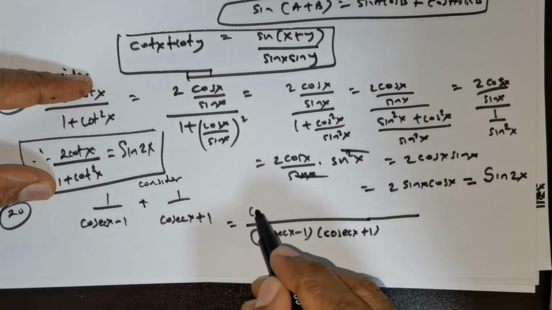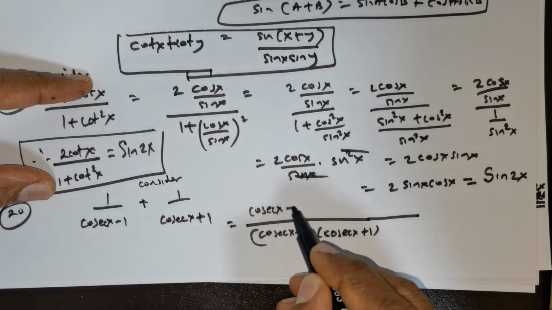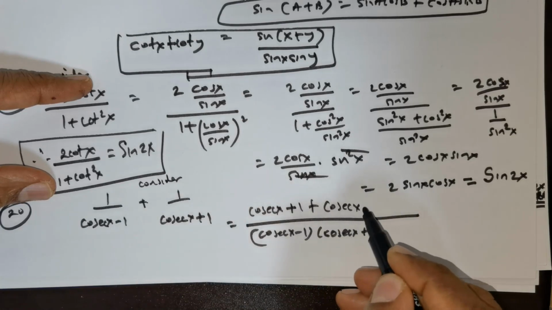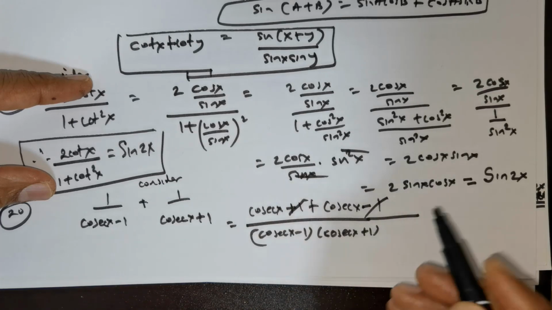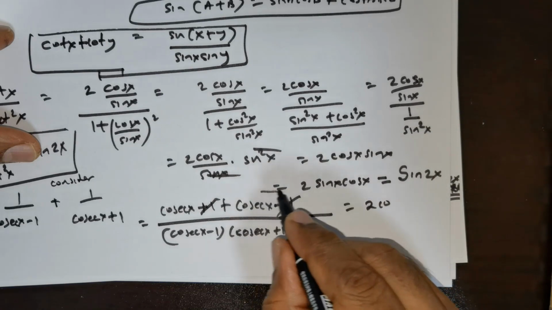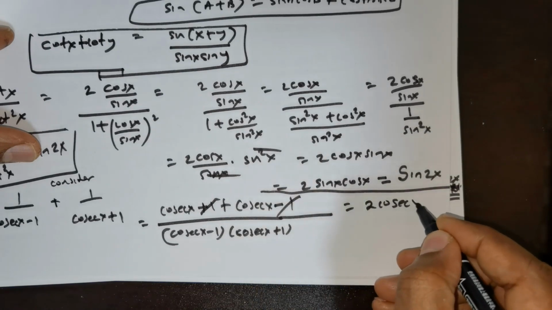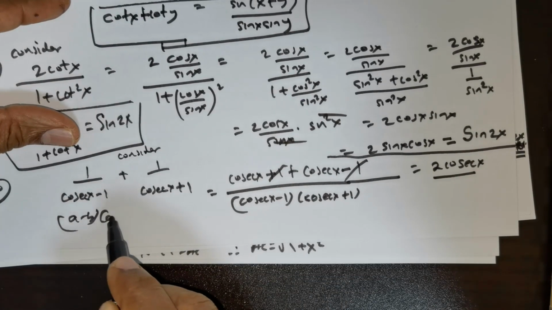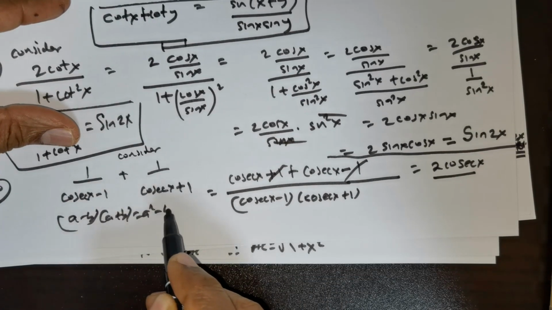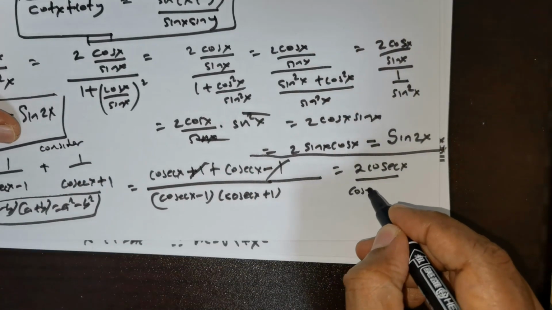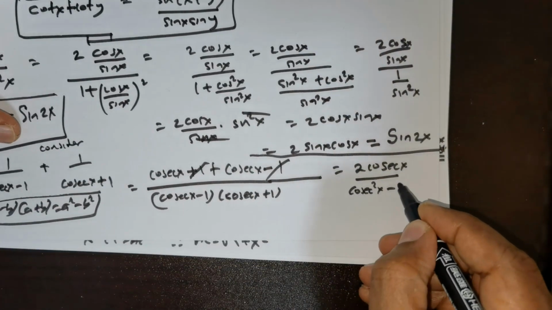So this would give me cosecant x plus 1, and this is going to give me cosecant x minus 1. Plus 1, minus 1 gets cancelled, giving me 2 times cosecant x divided by a minus b times a plus b will give you a squared minus b squared. So this is going to be cosecant squared x minus 1.